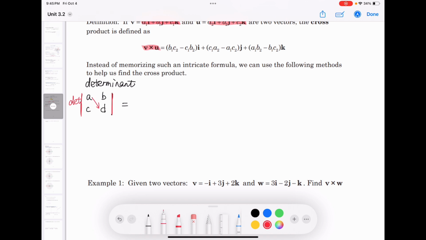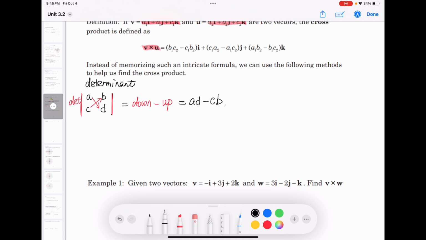So A multiplied by D, then minus C times B. So this is down minus up. Follow the direction I have pointed here, which is A times D minus C times B. Okay, so let's move on to the next part.